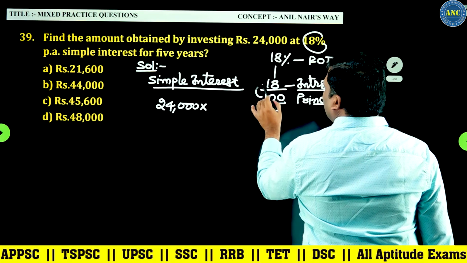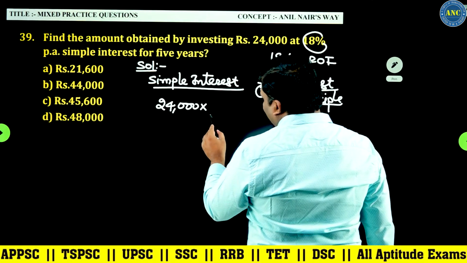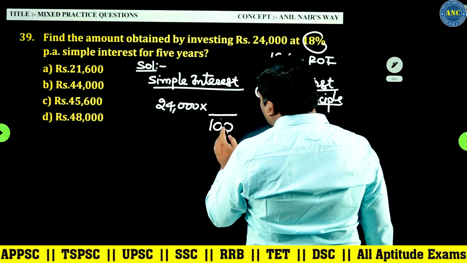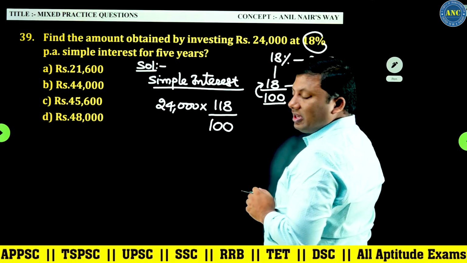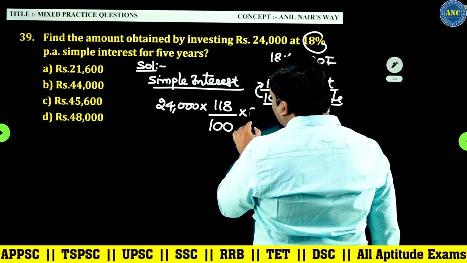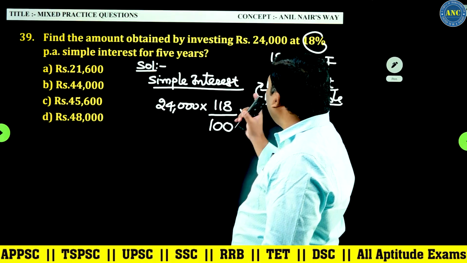For every 100 rupees, I will give 18 rupees extra, so it is 118. For how many years will I give? For 5 years I will give.